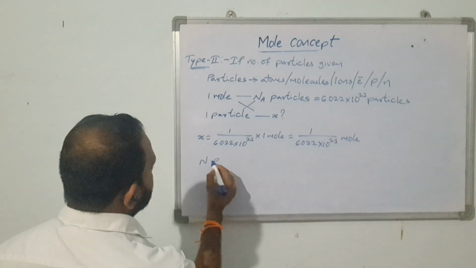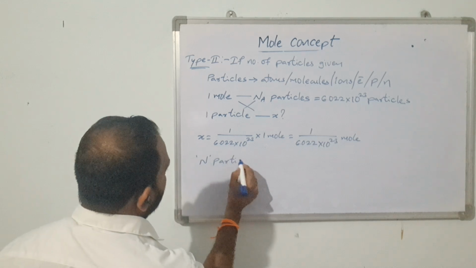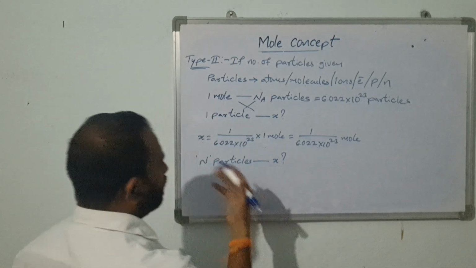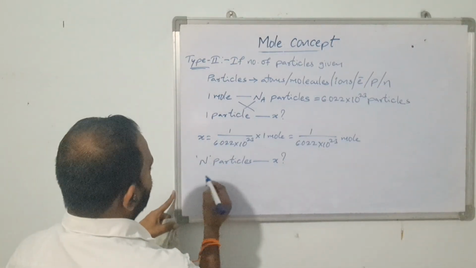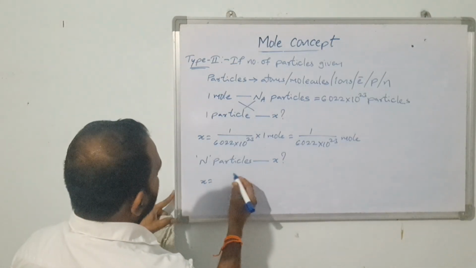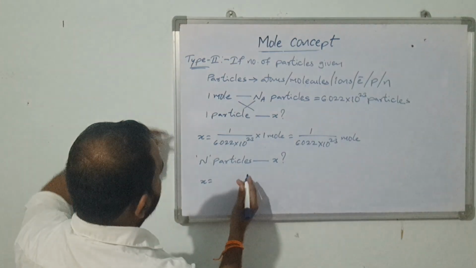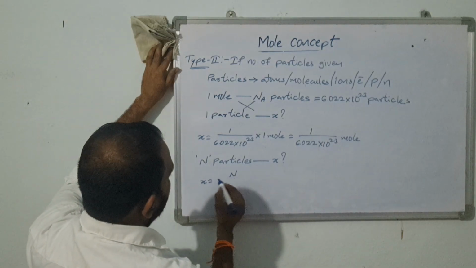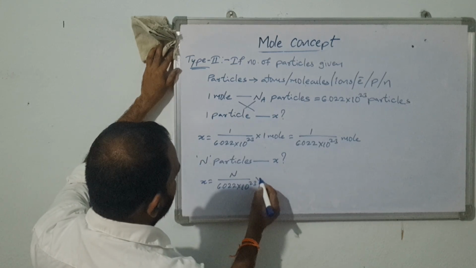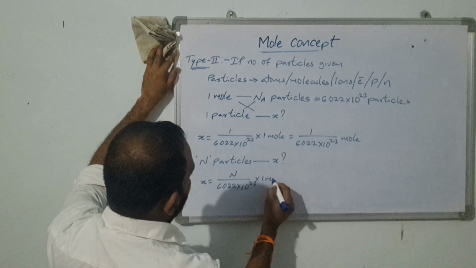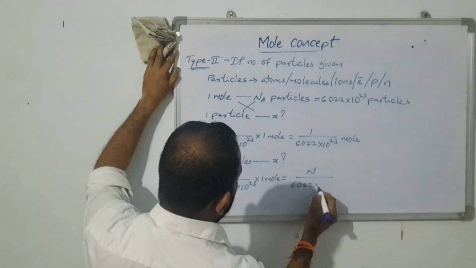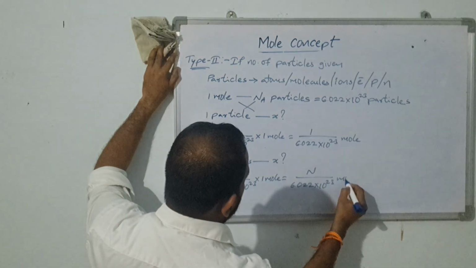Now n number of particles equals how many moles? Let us cross multiply again. X equals n by 6.022 into 10 to the power of 23 into 1 mole, that equals n by 6.022 into 10 to the power of 23 moles.